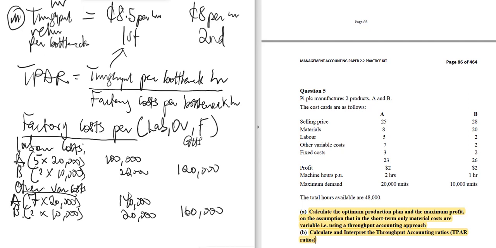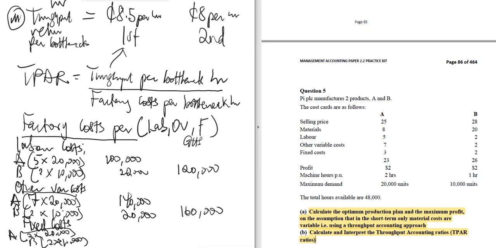When we get to fixed costs, the same way, for A, the fixed cost was 2, and we are producing 20,000 units. And for B, the fixed cost was also 2, and we are producing 10,000 units.